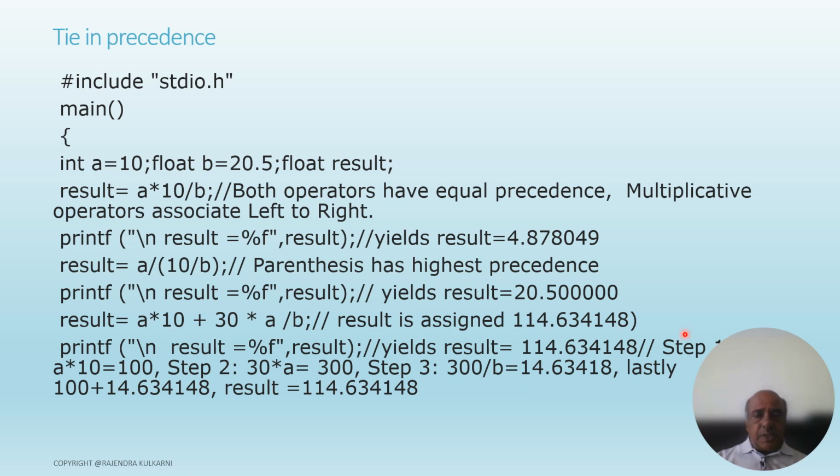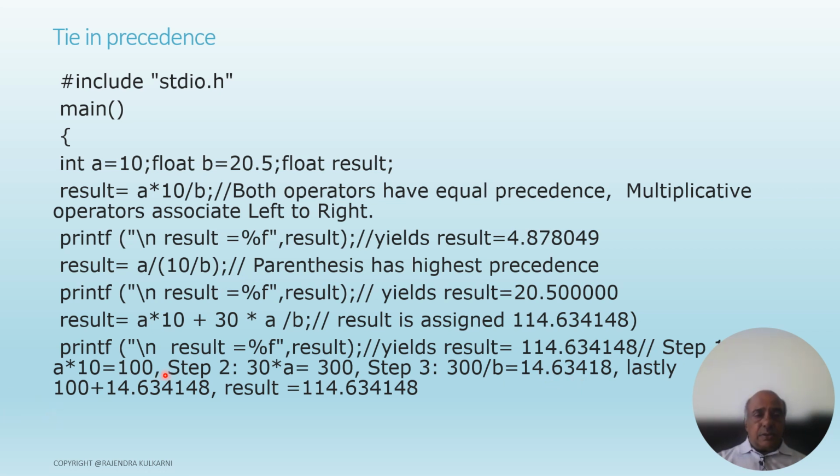The first step that will take place is A into 10, which is 100. In second step, 30 into A will be evaluated, which is 300. Then this 300 will be divided by B, which is 20.5, which comes out to 14.634.